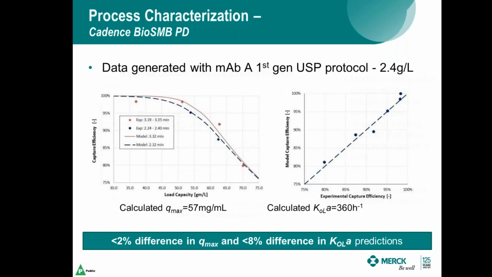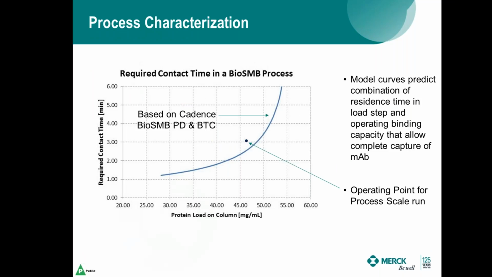These two values can then be fed into equations to help predict where you would operate the continuous chromatography method. So what's plotted here is an operational curve derived from those two parameters, the KOLA and Qmax, and it's telling you basically the required contact time or residence time in the column for a given loading.